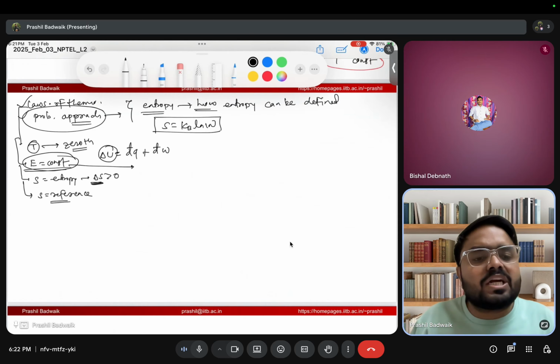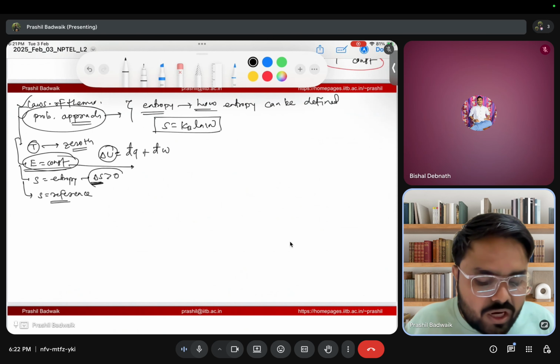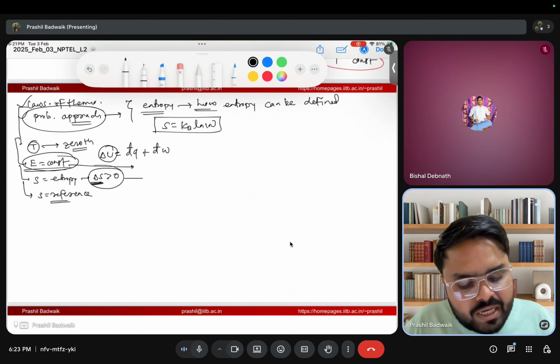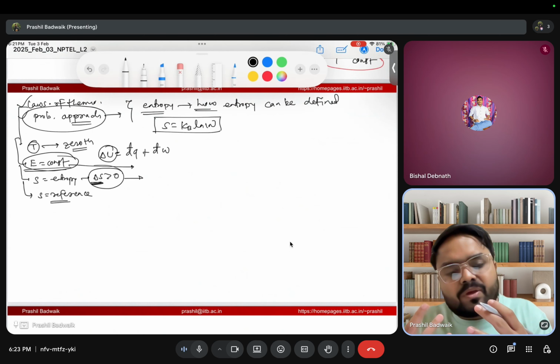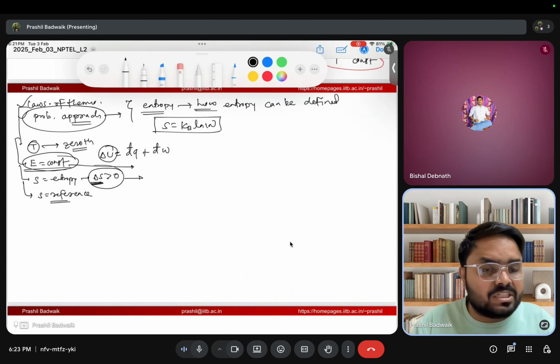To answer that question, it came to be known that there is something called entropy that is changing, and that governs the process to happen. Now in all cases it was not feasible to calculate and measure entropy and check whether it is changing or not.